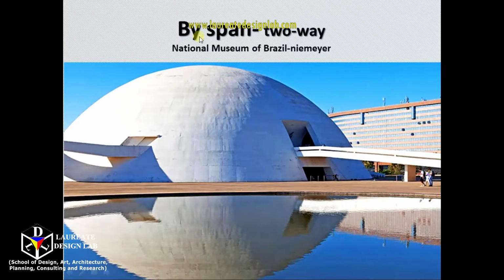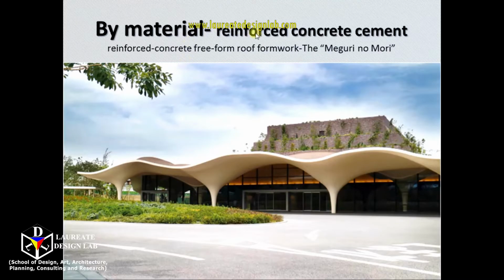Now by span, this particular hemispherical structure is a two-way structure because one structure element is going this way, other is going that way or this way. So the structural support is getting rotated on 360 degrees. By material, reinforced cement concrete. So this is the example of an RCC curvilinear structure.